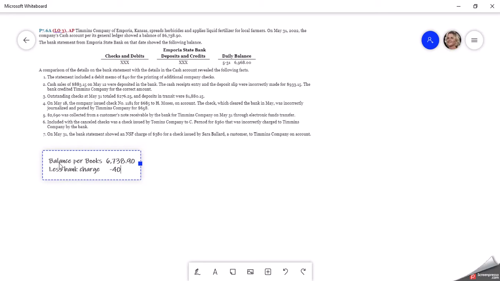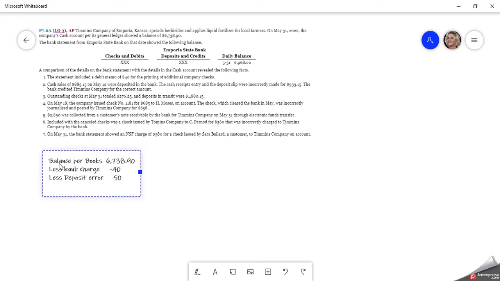But in our ledger, we made the mistake of $50 difference, right? $933.15 compared to $883.15. So then less accounts receivable error or deposit error to our balance per the books.